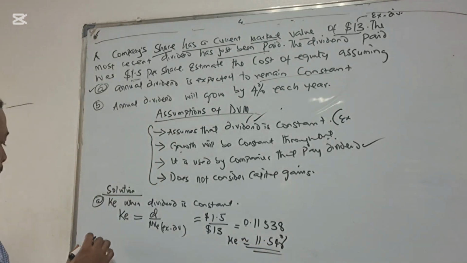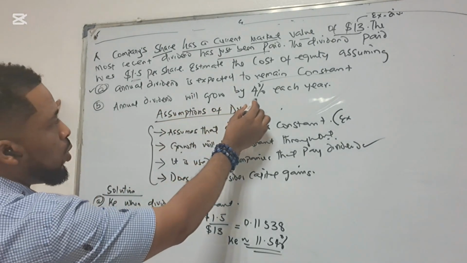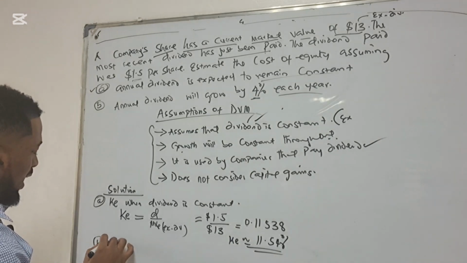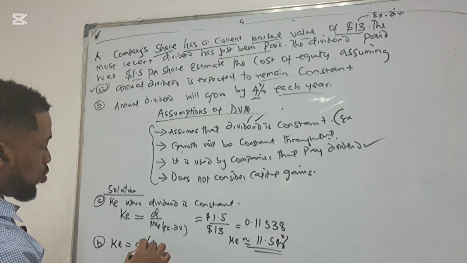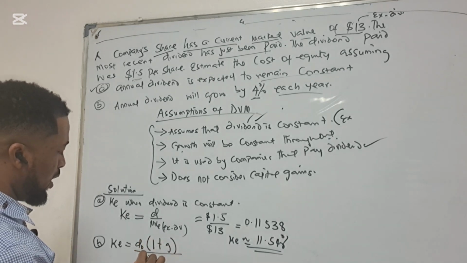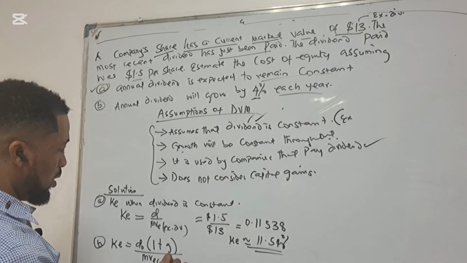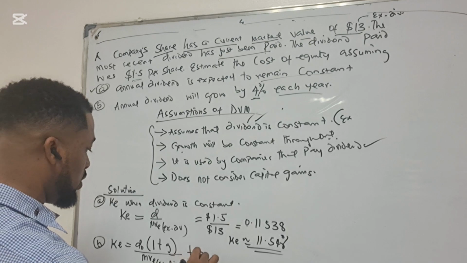And if you look at the B part, it says if annual dividend is going to be growing by 4% each year. So where there's growth, our KE equals D0 into 1 plus g, divided by MVE. Remember, it's still ex-div. And then because of this growth, that affects the capitalization, plus g.